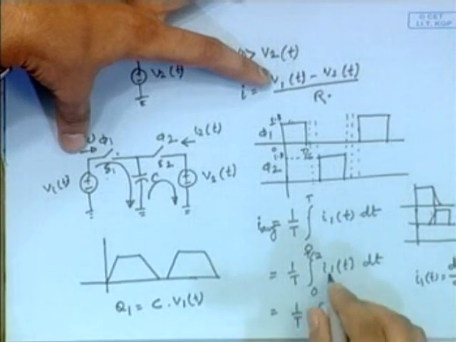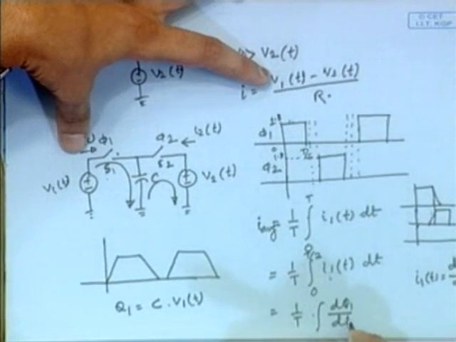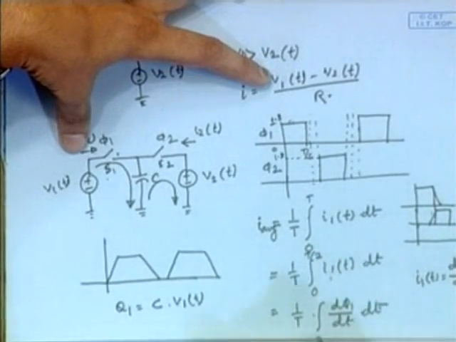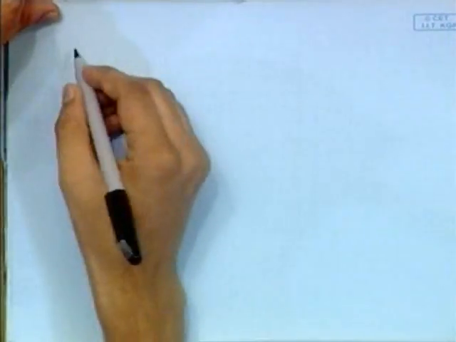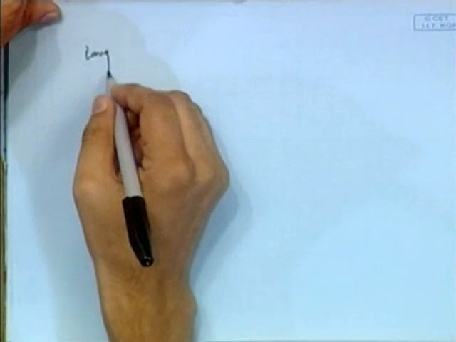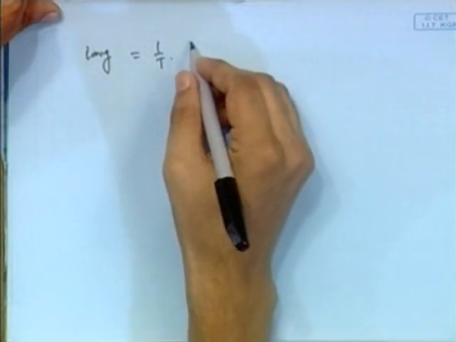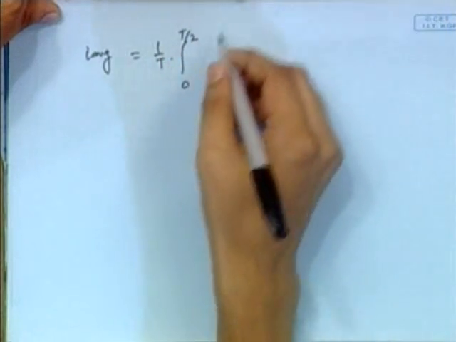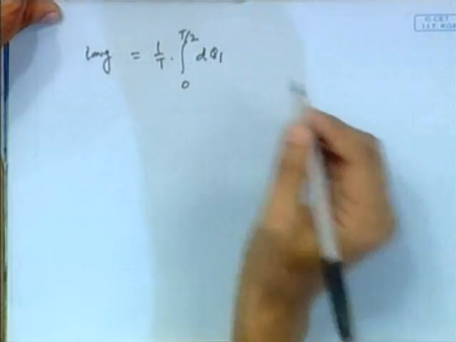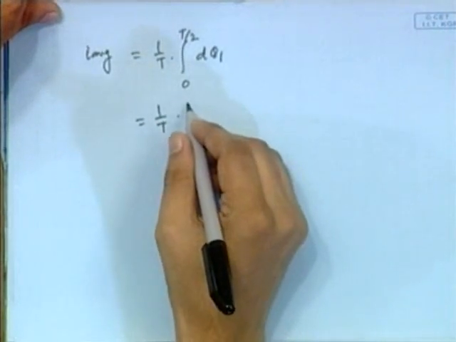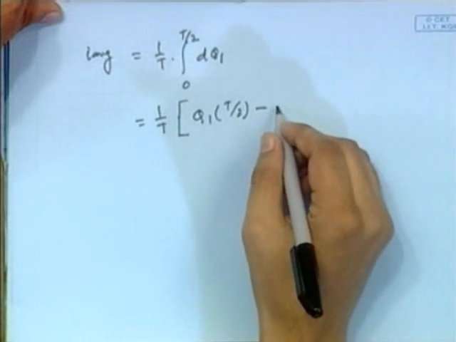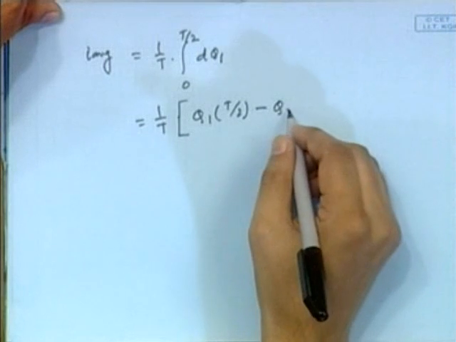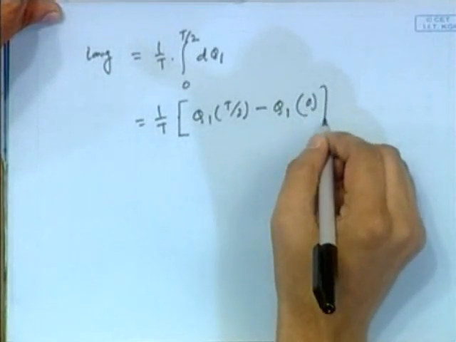So if we replace this I1 by dQ1 by dt, from 0 to T by 2, then I average is equal to 1 by T, integral from 0 to T by 2 of dQ1, which is equal to 1 by T times Q1(T by 2) minus Q1(0).